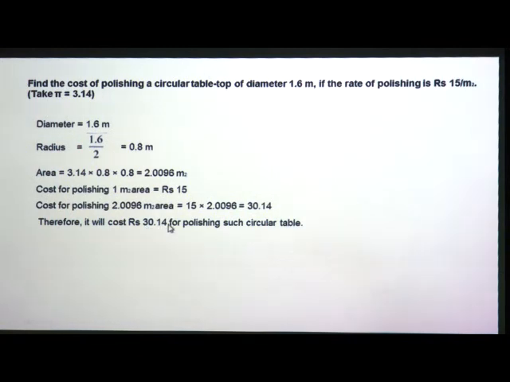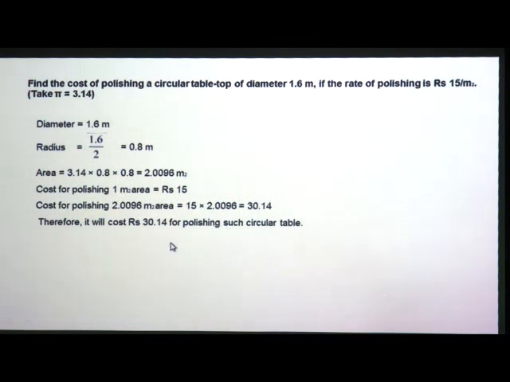That will be some paise, because here we are having some numbers after the decimal. So, if you do a rough calculation, we have an area of 2 meter square. Here 1 meter is 15 rupees, so 2 meter will be 30 rupees some paise to polish such a circular table.